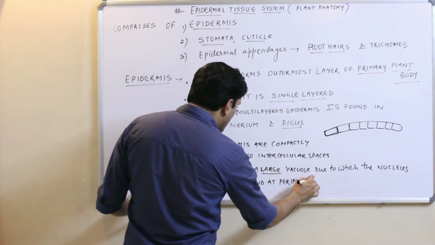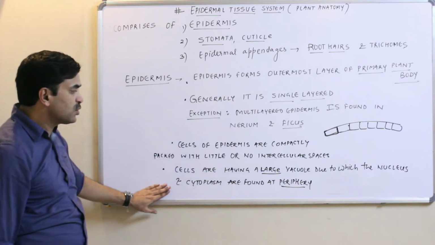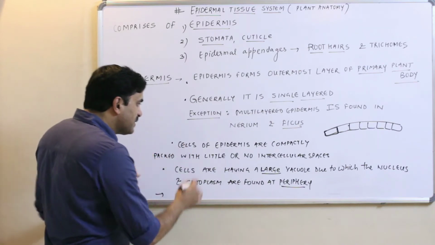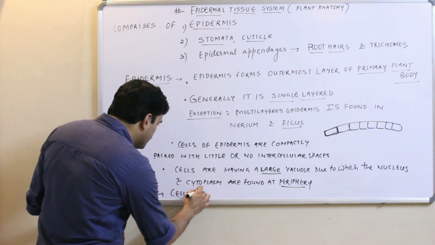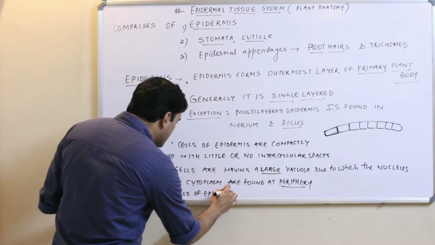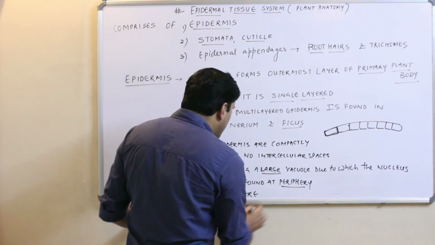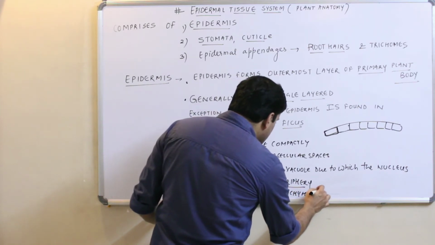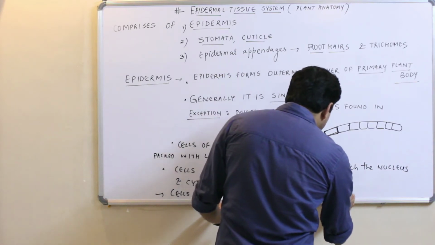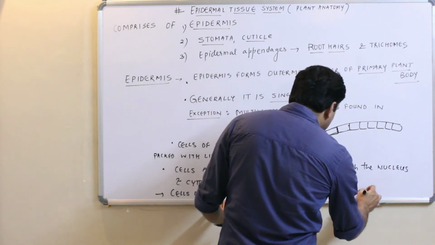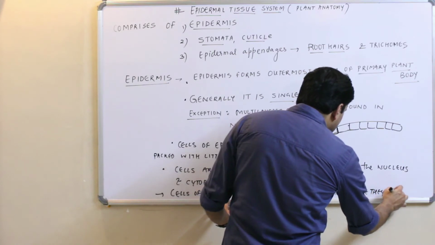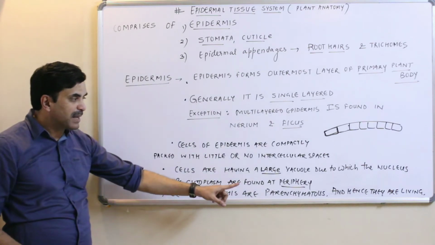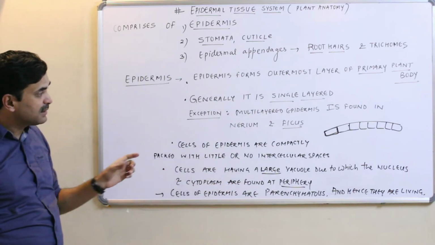You know very well, whenever the vacuole is big in size, then the nucleus and the cytoplasm are found at the periphery. And always remember, cells of epidermis are parenchymatous, and hence they are living. Are you getting? Cells of epidermis are parenchymatous and hence they are living.